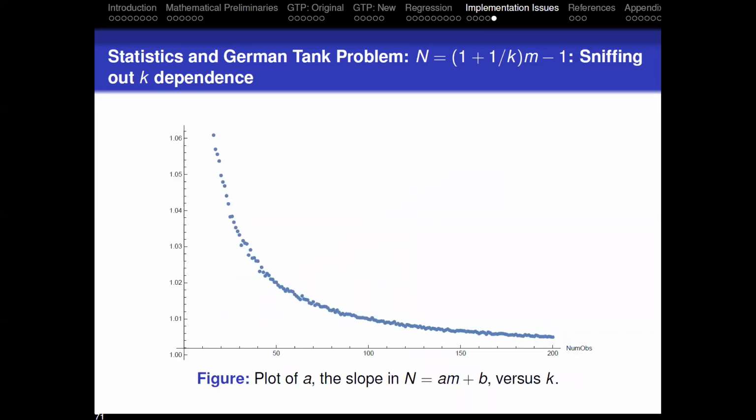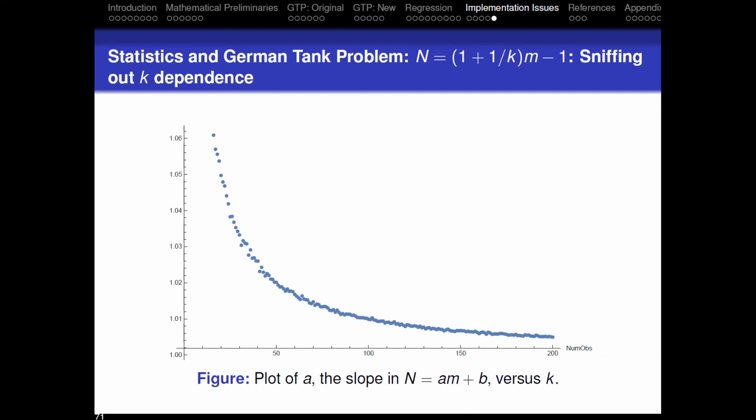All right, so the last thing I wanted to mention was, how can you use data to conjecture relationships in the world? So we know, from doing the theory, that n is 1 plus 1 over k times m minus 1. The minus 1 doesn't really matter that much. That's not a big deal. What we really want to understand is, how does it depend on m and k?